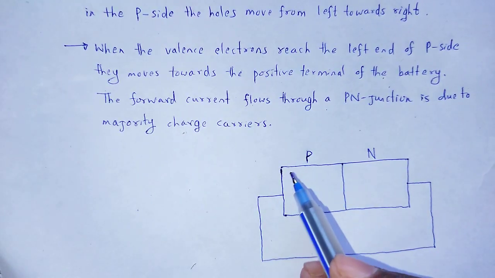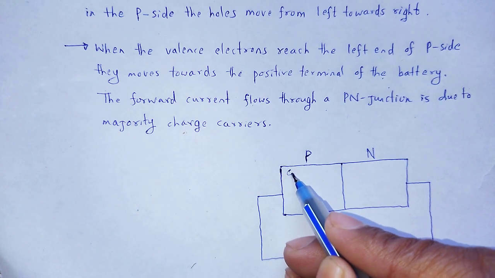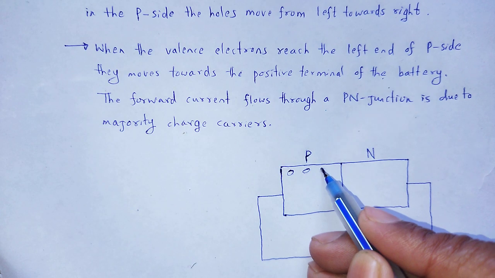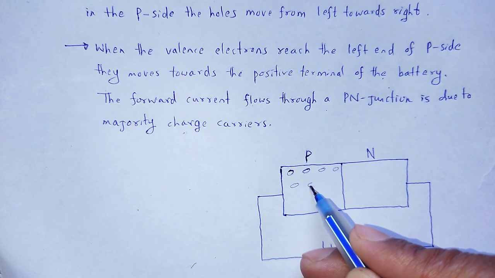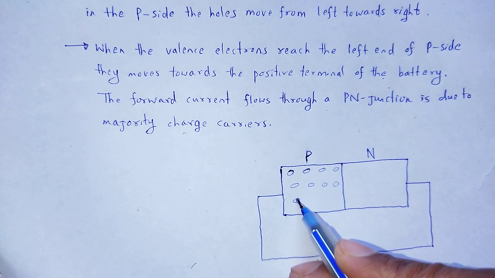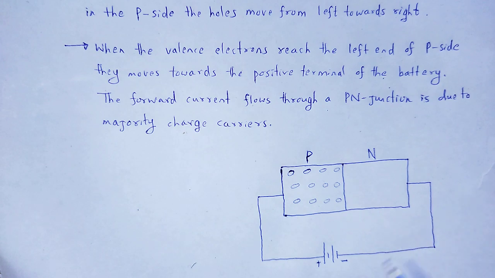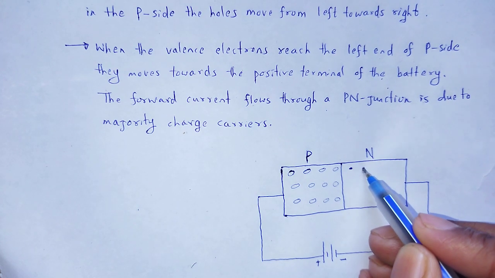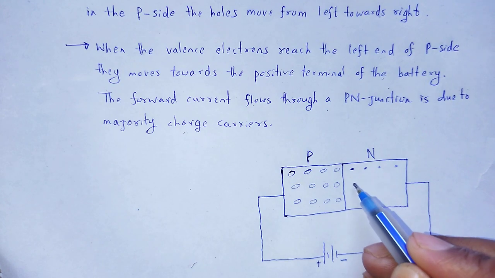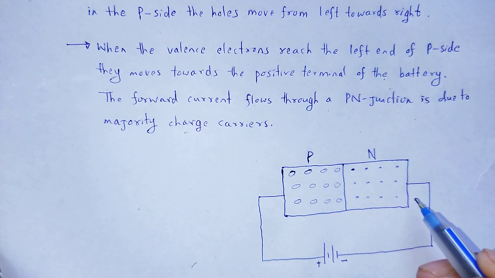In case of P type semiconductor, the majority charge carriers are holes, and there are also some minority charge carriers, free electrons. In case of N type semiconductor, the majority charge carriers are free electrons, and some minority charge carriers are holes.